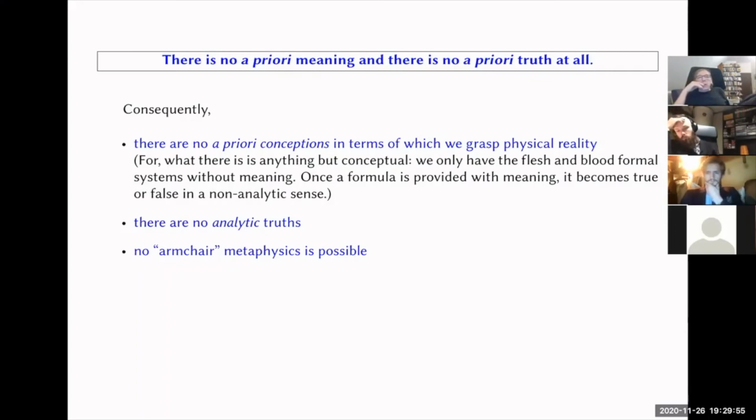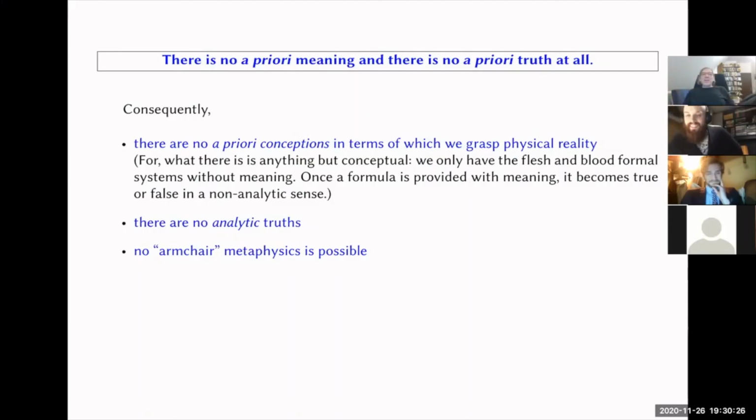Consequently, there are no a priori conceptions in terms of which we grasp the physical reality. I'm sorry to say, Jansen, that there are no analytic truths. So I don't know what analytic philosophy or metaphysics is dealing with.